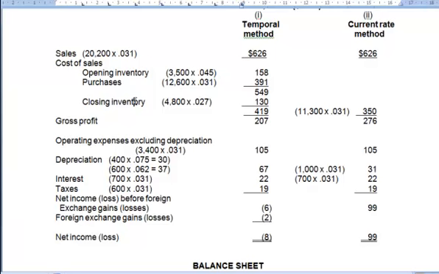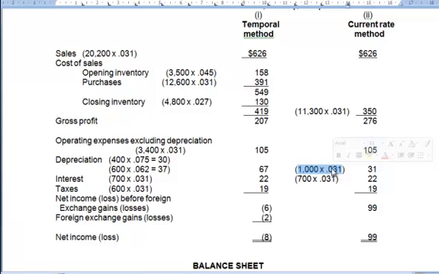What we do need to think about is that the cost of goods sold is an income statement account, so we're going to use the average rate, which is 350,000. Similarly with depreciation, because depreciation is an expense, we're going to translate all expenses at the average rate. It doesn't matter that they were bought at two different points in time, because the assets and liabilities or the non-monetary items are all translated at a current rate.